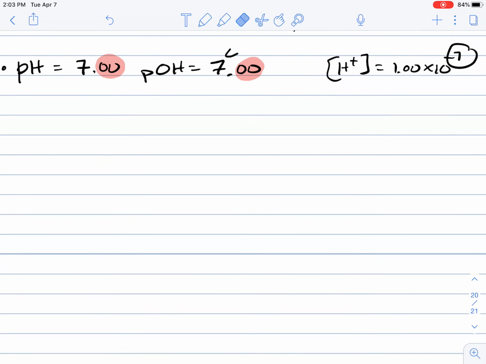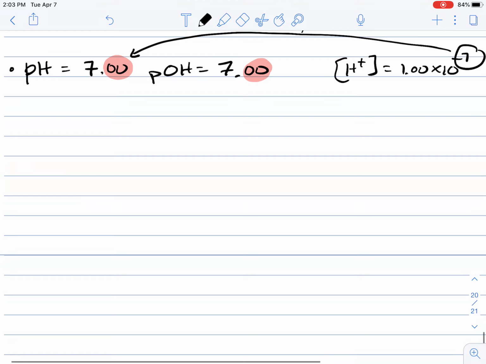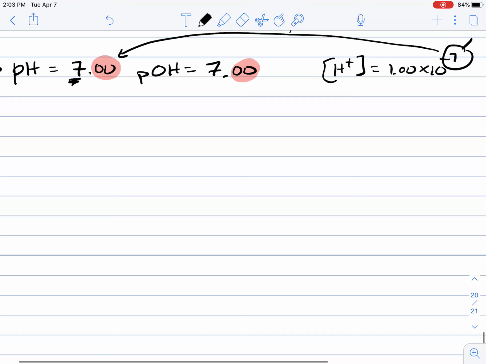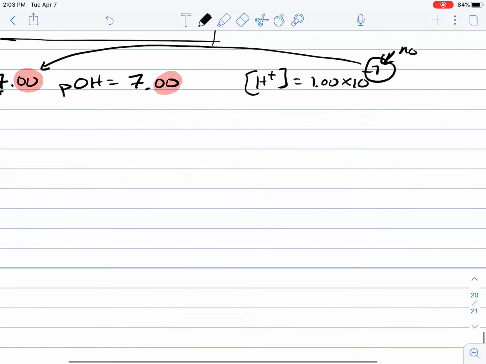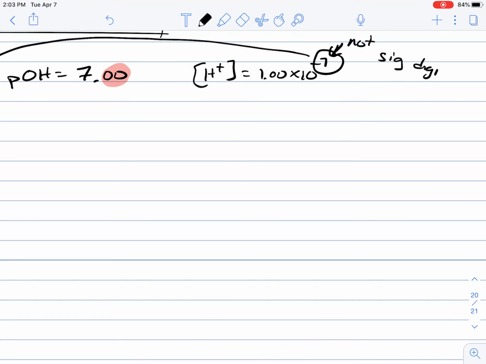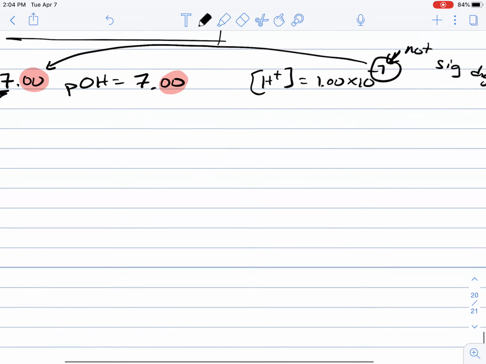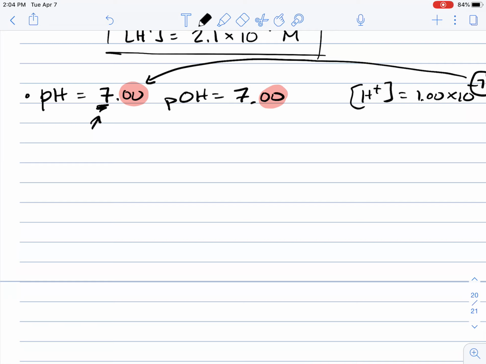Oops, I think I pointed to the wrong substance. Same idea though. And so since that 7 is coming from the exponent, and since the exponent is not a significant digit, therefore this 7 is not a significant digit as well.